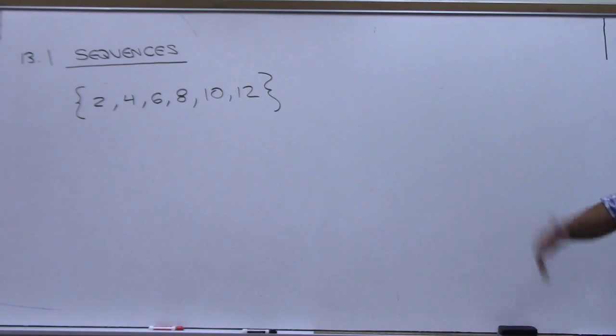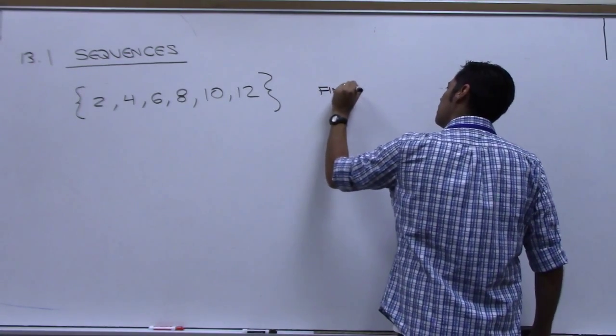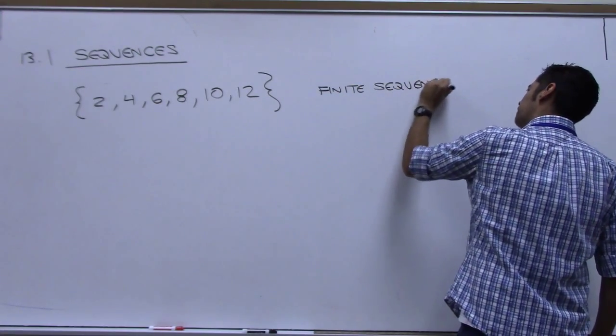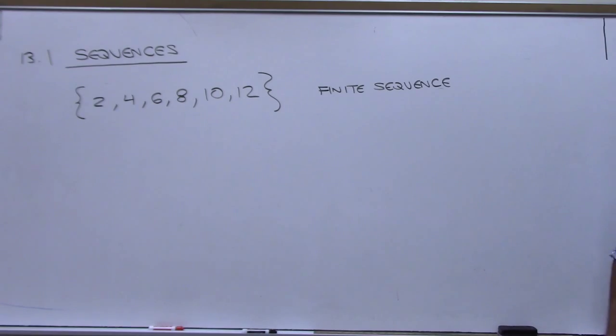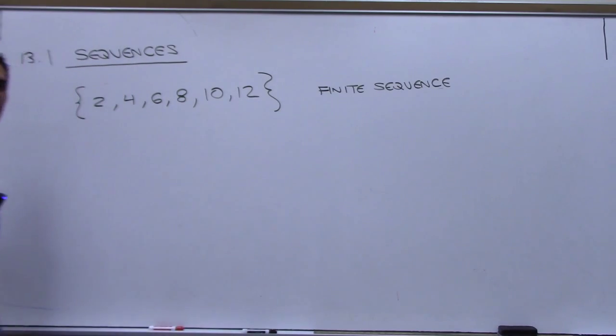And this right here is an example of a finite sequence. The reason we call it finite is because the actual list stops. There are only 1, 2, 3, 4, 5, 6 numbers in that sequence. It's finite.